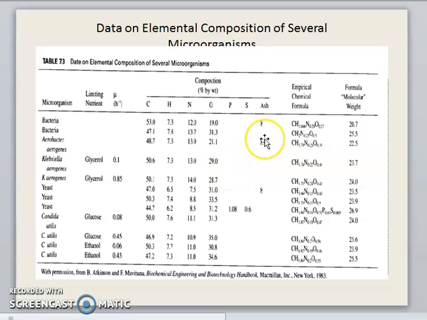You can find all these empirical chemical formulas in the journals and previous research, in the articles. This empirical chemical formula needs to be included in the stoichiometric equation for the reaction.